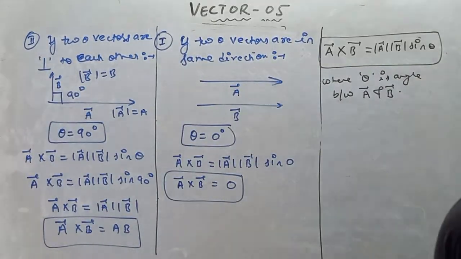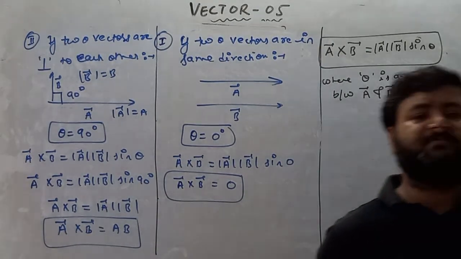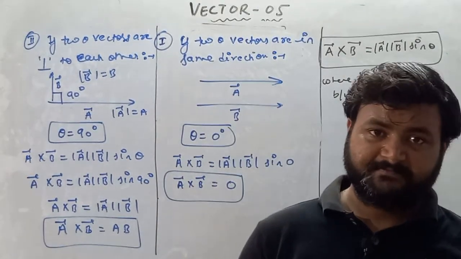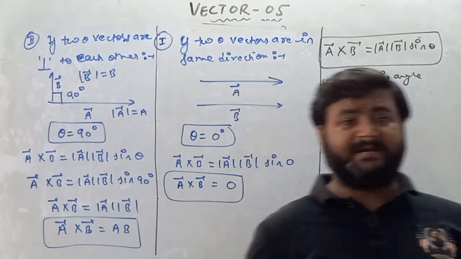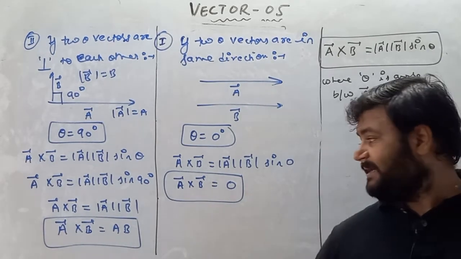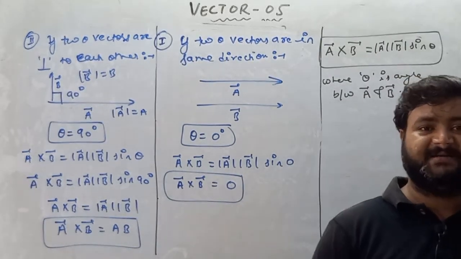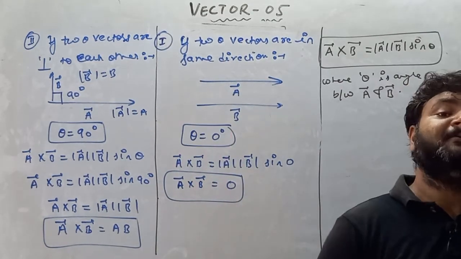See, in dot product, if two vectors are perpendicular to each other, then it is equal to 0. If two vectors are perpendicular to each other, then the cross product gives you the maximum value, my dear students. And if parallel, then it gives the minimum value.